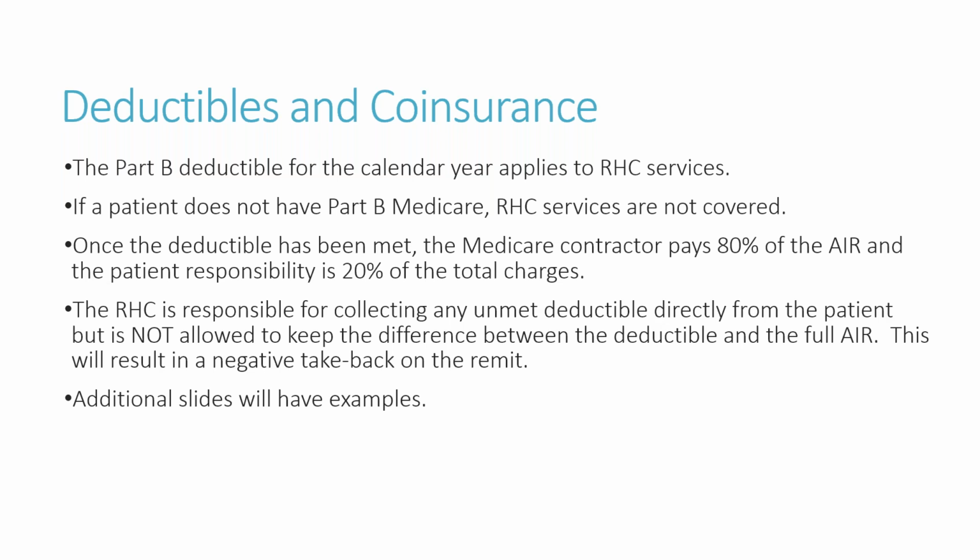So we have to collect the deductible against total charges, but we are not allowed to keep the difference. We can only keep our full all-inclusive rate. So the Medicare contractor is going to pay you your full all-inclusive rate until the deductible is met. And after the deductible is met, then the Medicare contractor is going to pay us 80% of that AIR, and then the wild card is going to be the co-insurance that is 20% of the total charges.